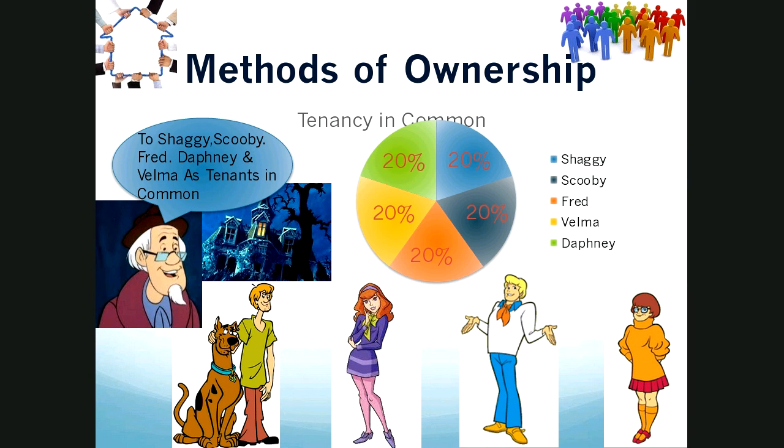Well, here he might give it to them in equal shares, right? So they'd each have a fifth or 20%. And it sort of looks like it could be a joint tenancy with right of survivorship, but they could get their interest at different times. They could get their interest from different people. Not in this scenario, but they could.